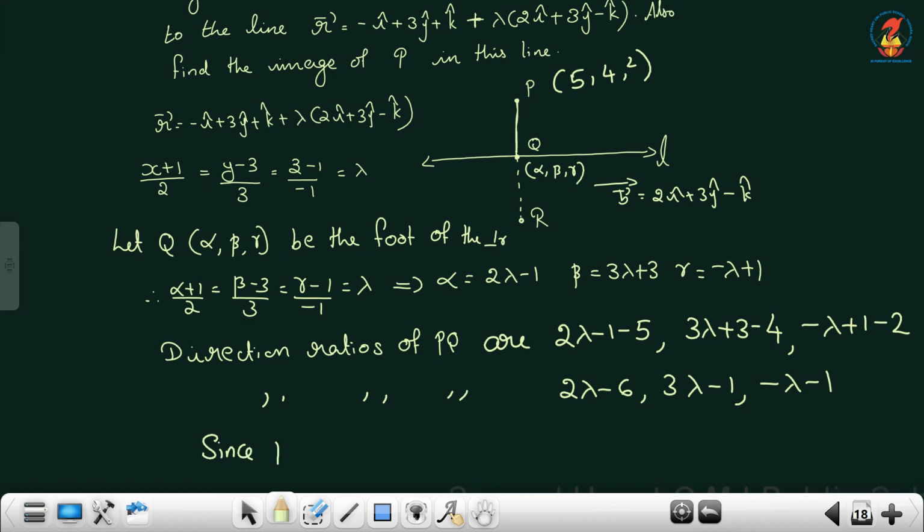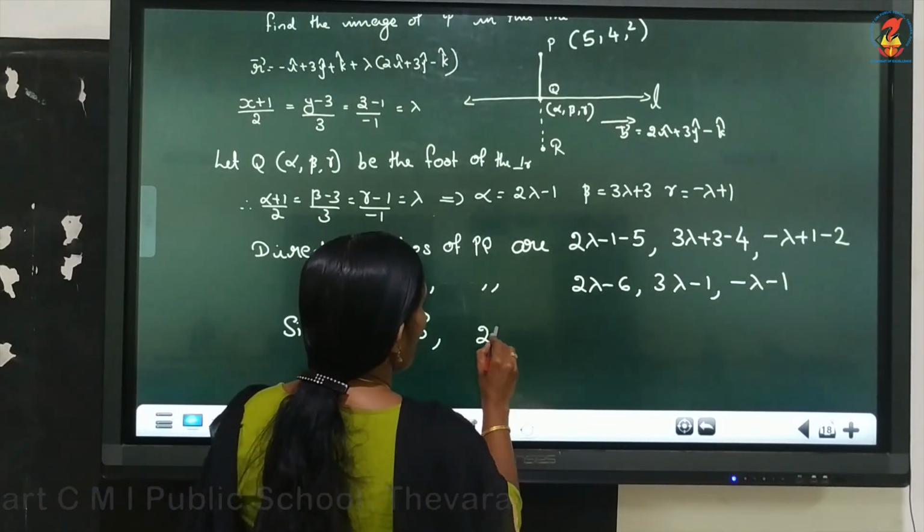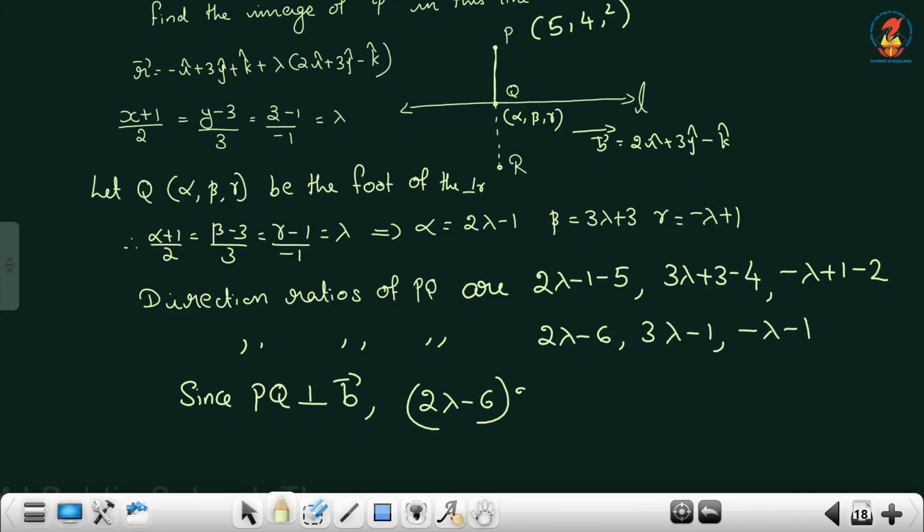Since PQ is perpendicular to the parallel vector B, we can multiply the corresponding i, j, k parts, that is (2 lambda minus 6) into 2 plus (3 lambda minus 1) into 3 plus (minus lambda minus 1) into minus 1 is equal to 0.